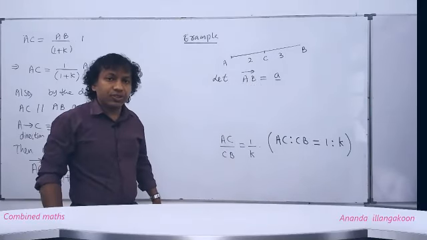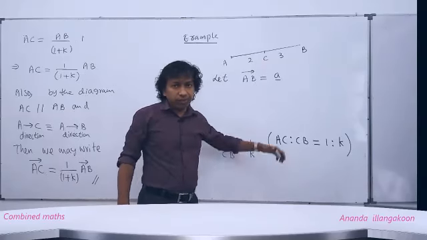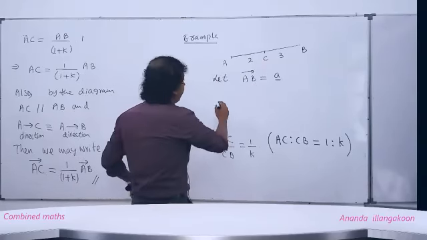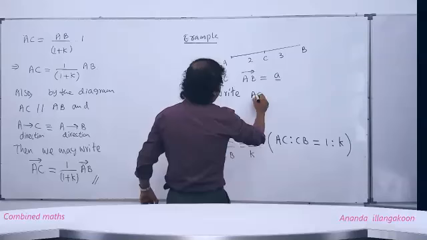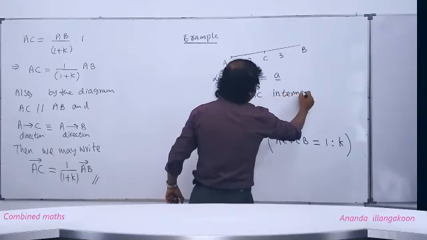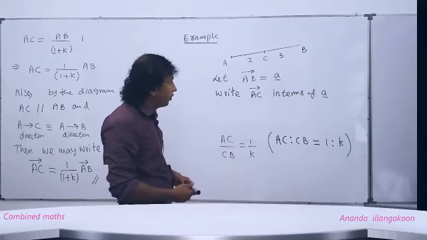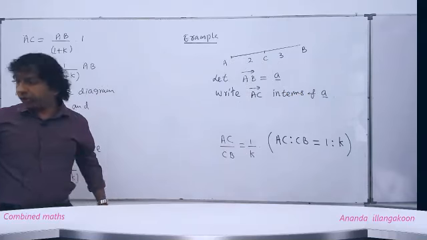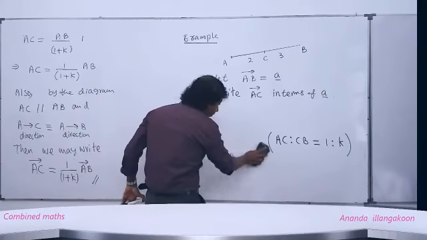My question is this, people. Write this AC vector in terms of A. Write AC vector in terms of simple A vector. That's what we need to write, people.